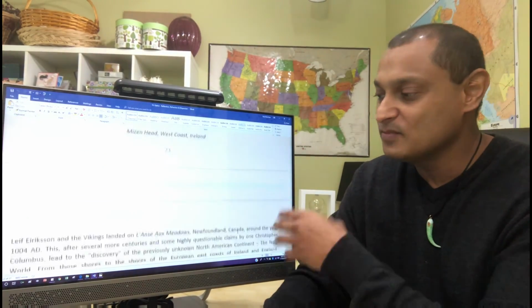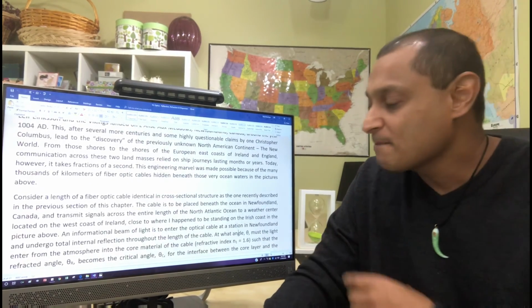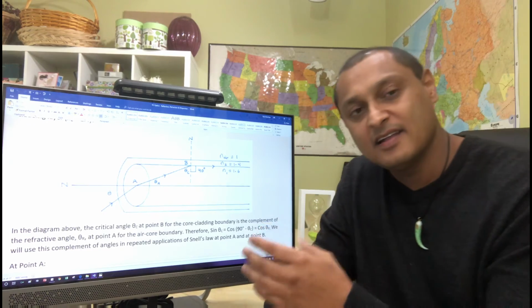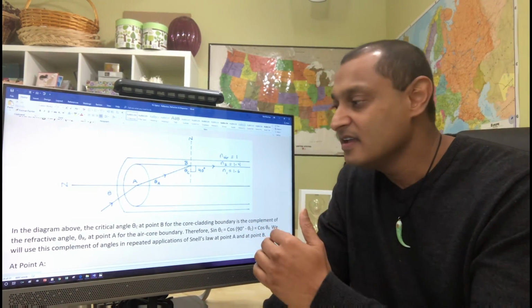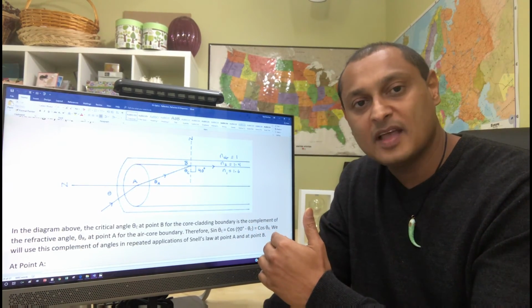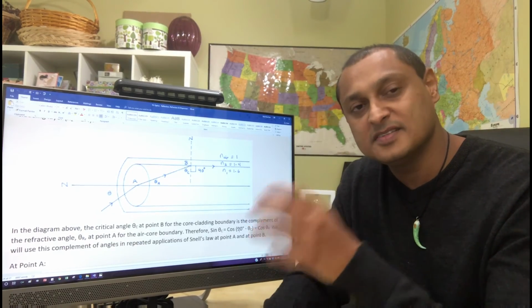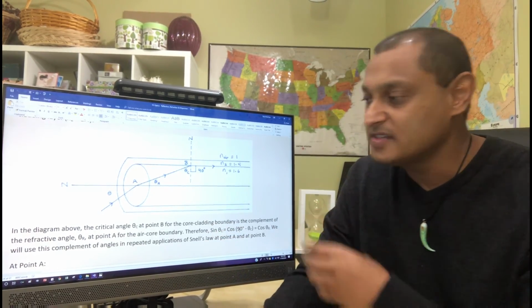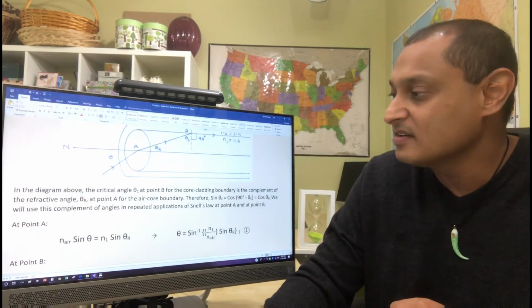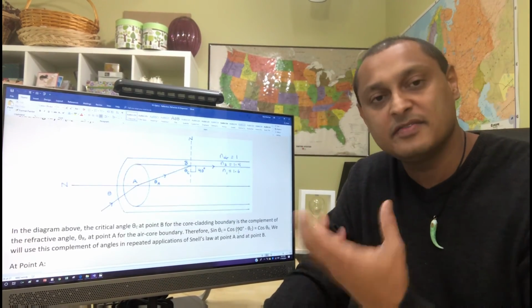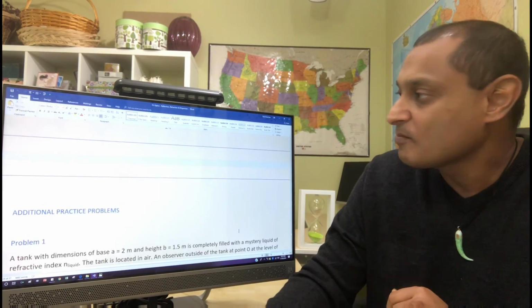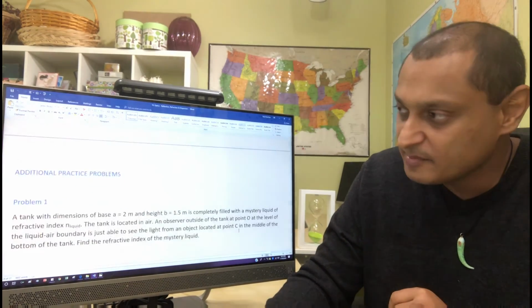And so we did some calculations on the fiber optic cable and the propagation of light, the angle that the signal needs to enter the fiber optic cable when the signal is sent in at Newfoundland before it gets to the station on the other side of the Atlantic Ocean. We calculated what the angle of entrance needs to be, that incident angle. So it's quite a cool example.